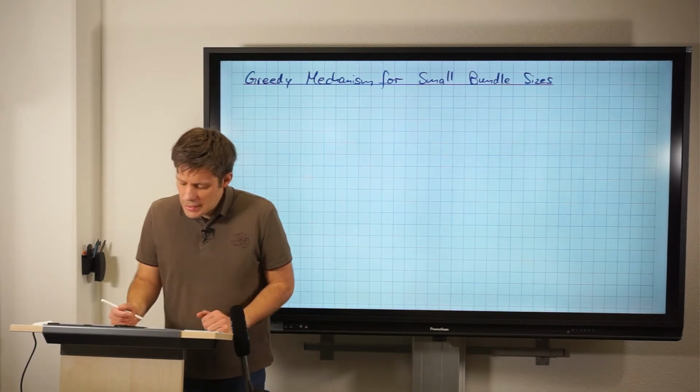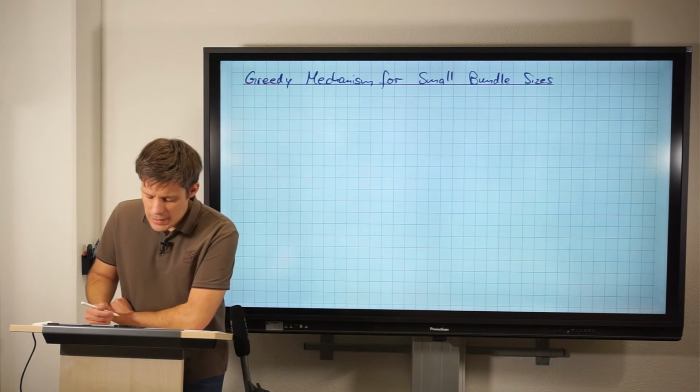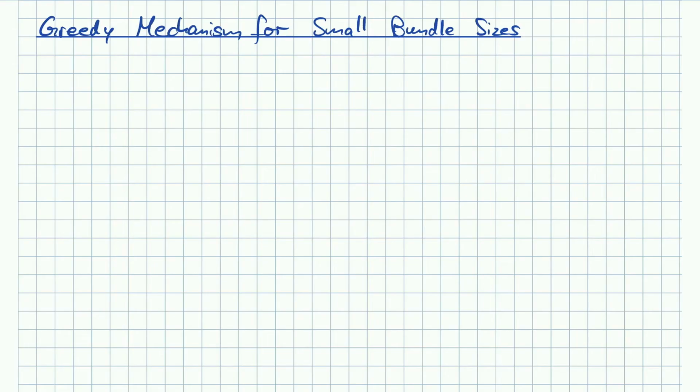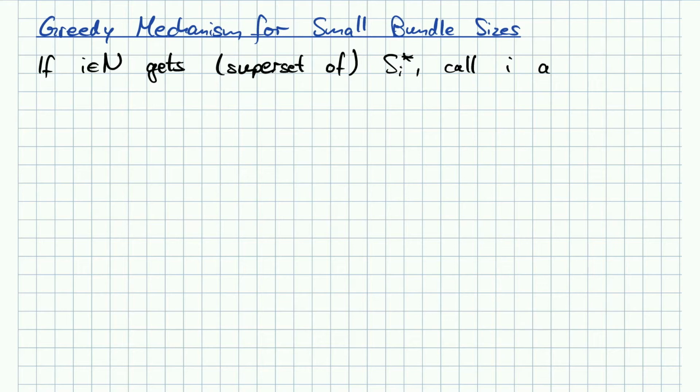Before that, let's introduce one more piece of notation: if bidder i gets a superset of the desired bundle Si star, then we call i a winner.